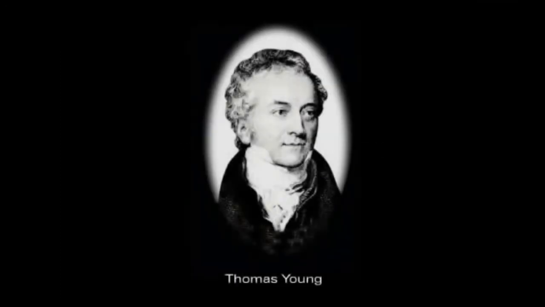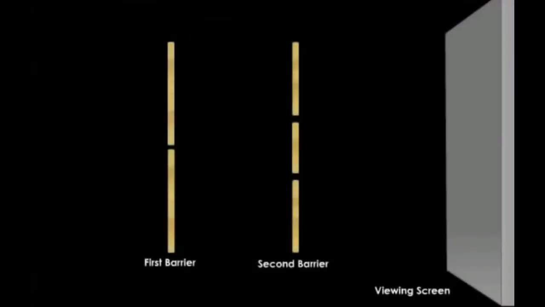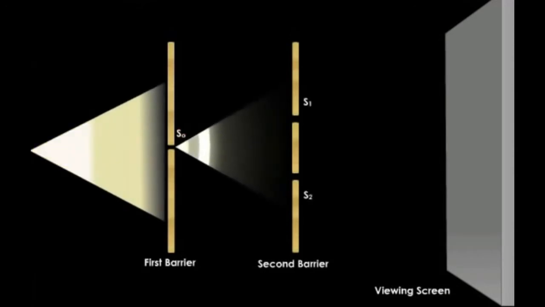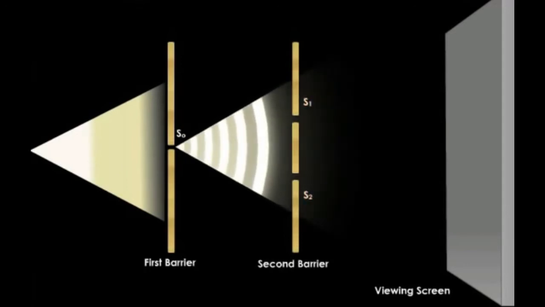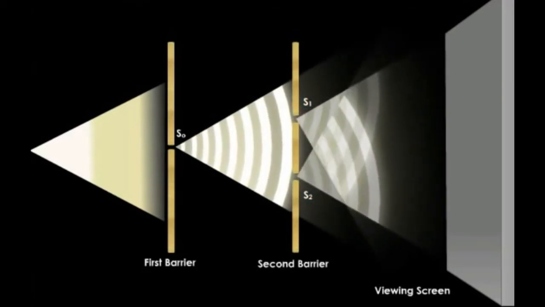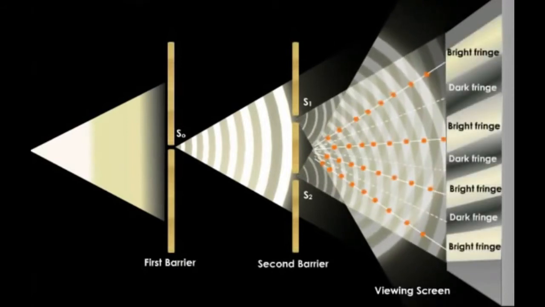Young's double slit method. Thomas Young is a physicist and he was the first person to produce coherent lights by making use of two slits illuminated by a single source. When light is allowed to be incident on a source S0, the waves emanating from S1, S2 are secondary waves and they behave like coherent sources.